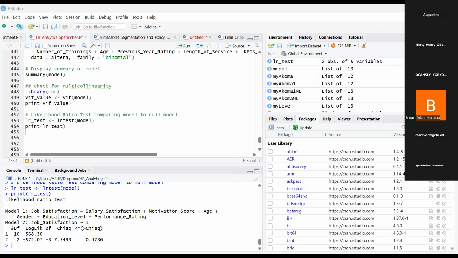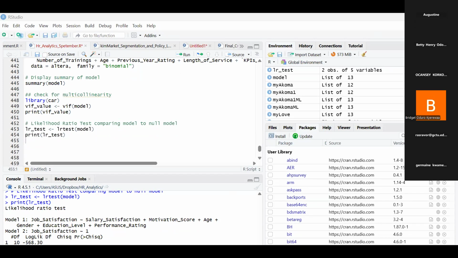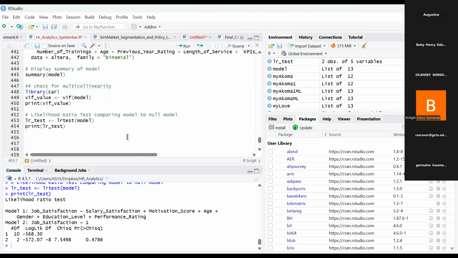So the next thing is for us to run what we call the likelihood ratios. Remember, I talked about the likelihood or the maximum likelihood. This is how you run the test. Don't worry about the interpretation.